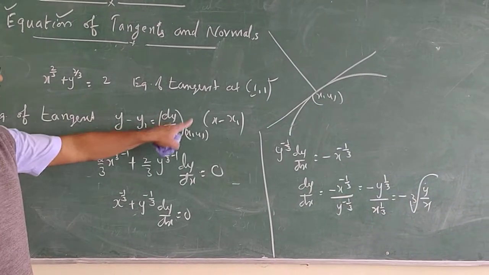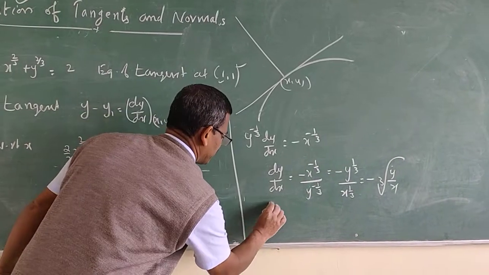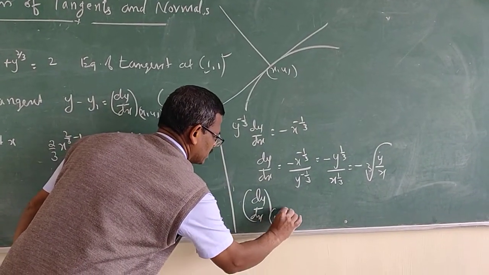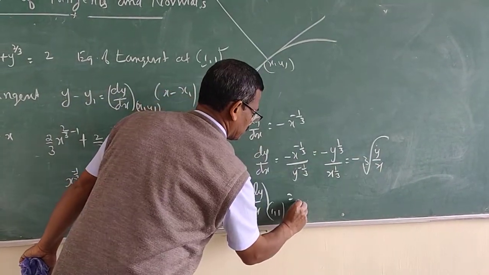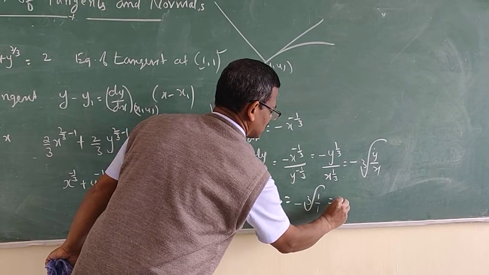Now dy by dx at the given point. What is the point? 1, 1. So dy by dx at 1, 1, you put x is equal to 1, y is equal to 1: minus cube root of 1 by 1, that is minus 1.